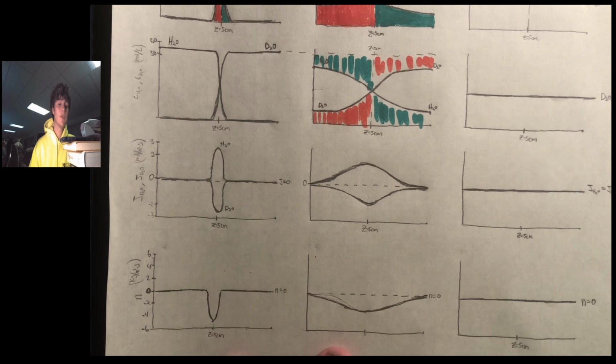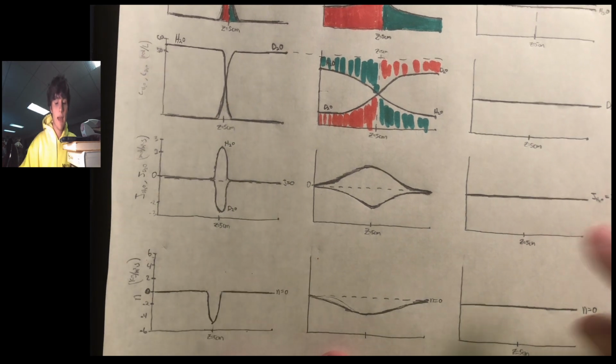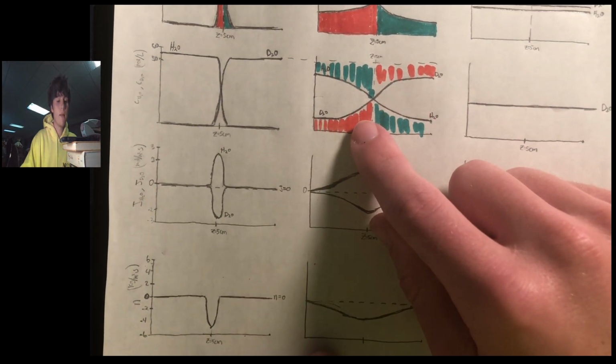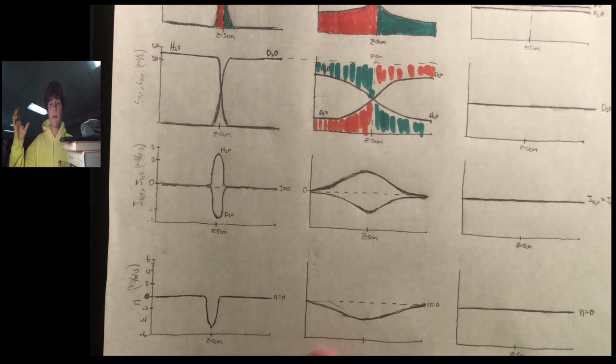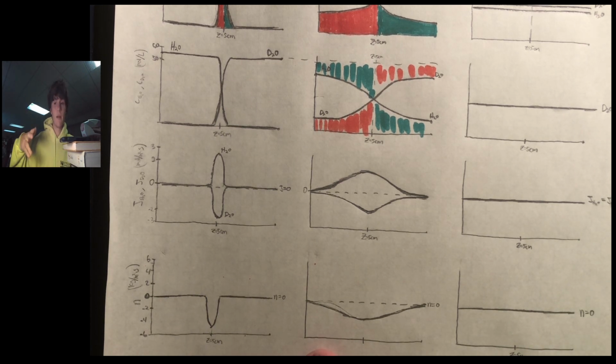Since at z equals 0 and z equals 10 centimeters, the ends of the capillary, since water cannot go through it, nor deuterated water can go through it, then we know that the molar flux of the individual components there are equal to 0, because it can't penetrate through that. It's a no flux boundary condition.